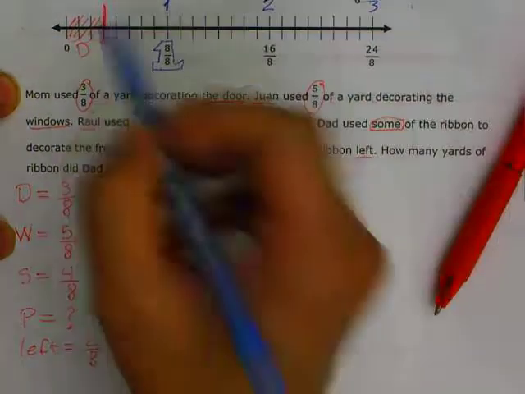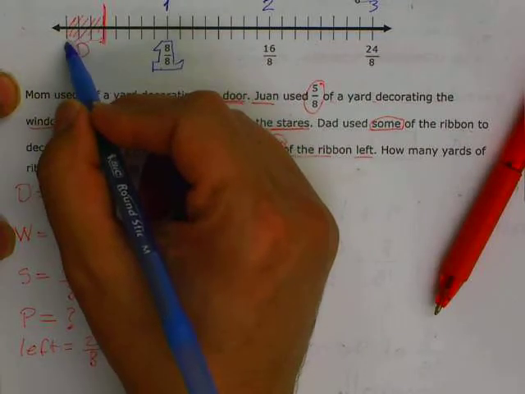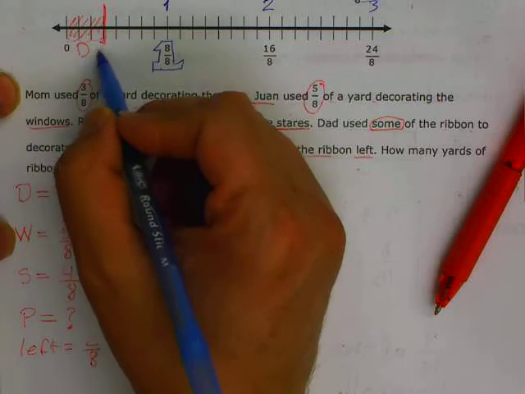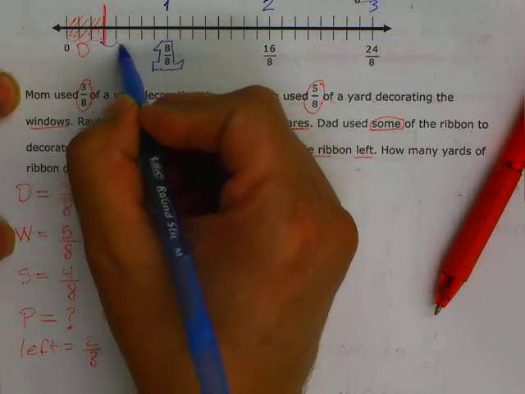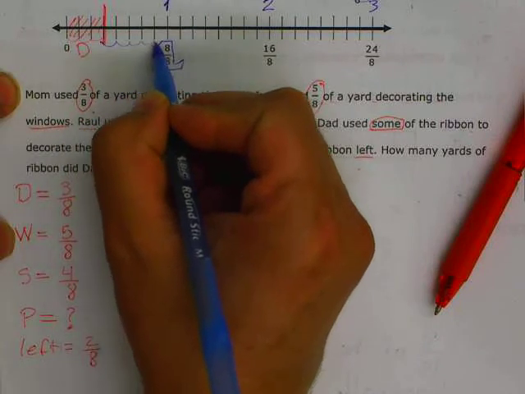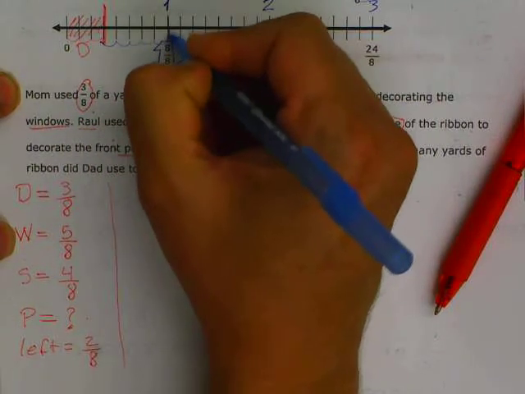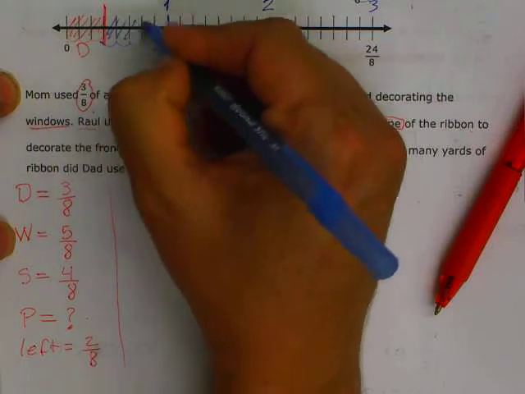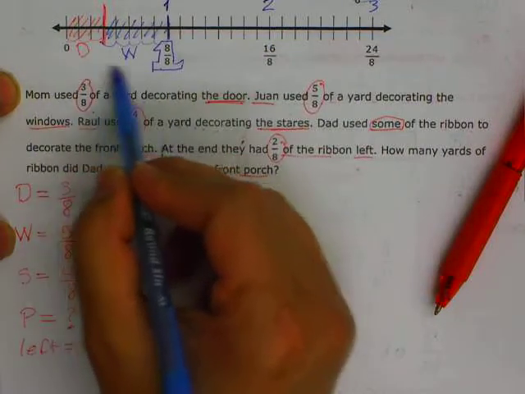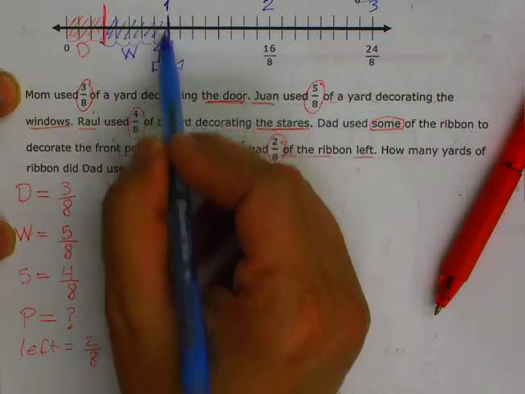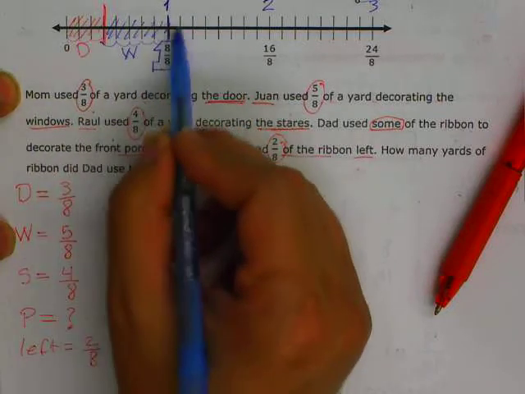So I'm going to use 5/8. Now I'm not going to start from the beginning again because that's what Mom used. So I'm going to start from here. 1, 2, 3, 4, 5/8. All this was for the window. Now if you notice, they already used 1 whole yard for these two things.